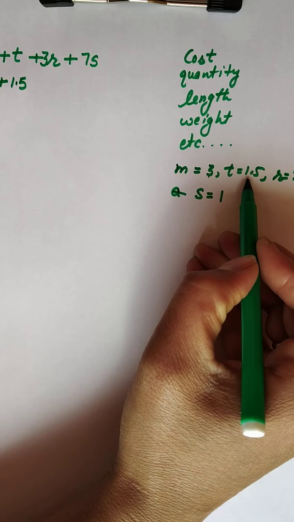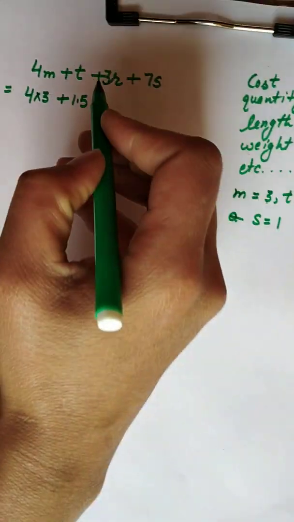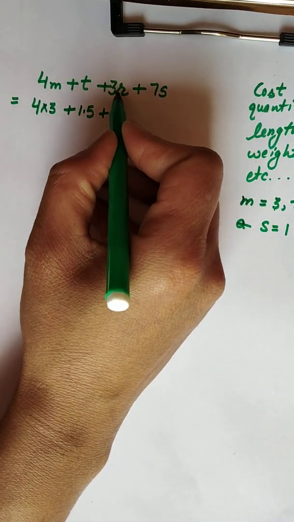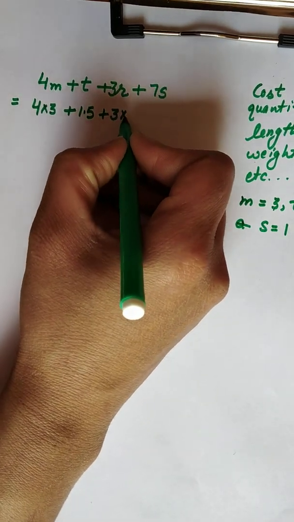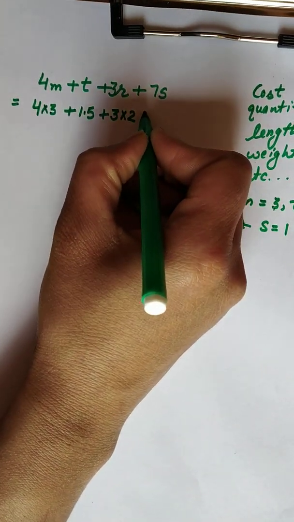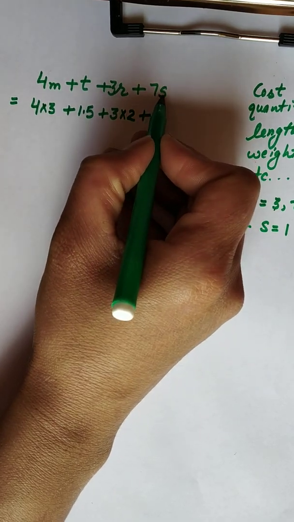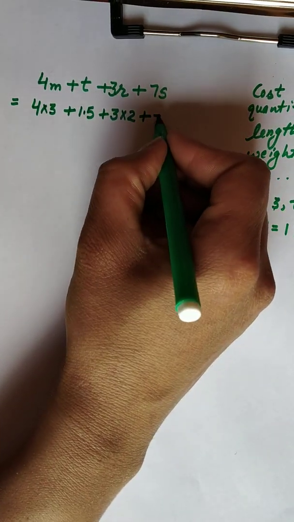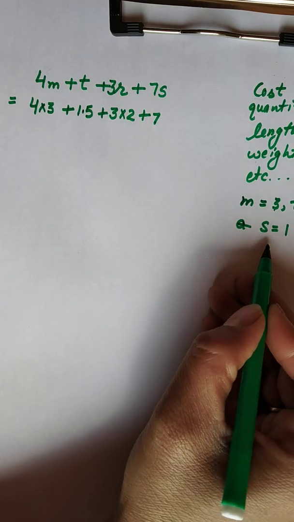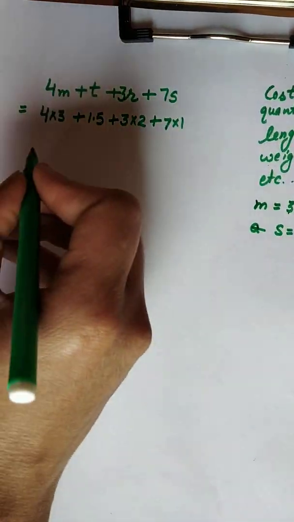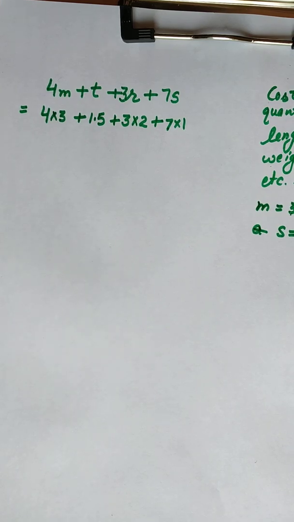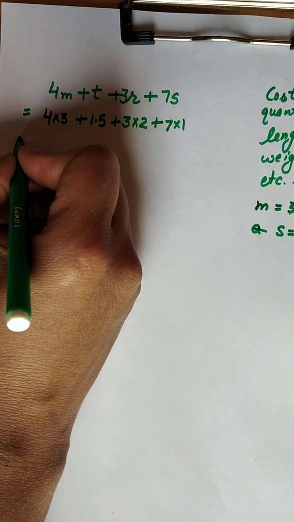You can see here. Then R is equal to 2, but we have paid R 3 times. So it's 3 times 2. Then we have paid S 7 times. And what is S? S is actually equal to 1. So 7 into 1.